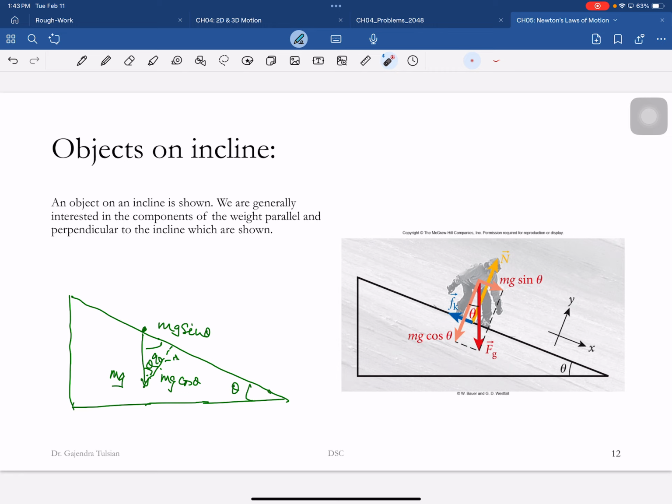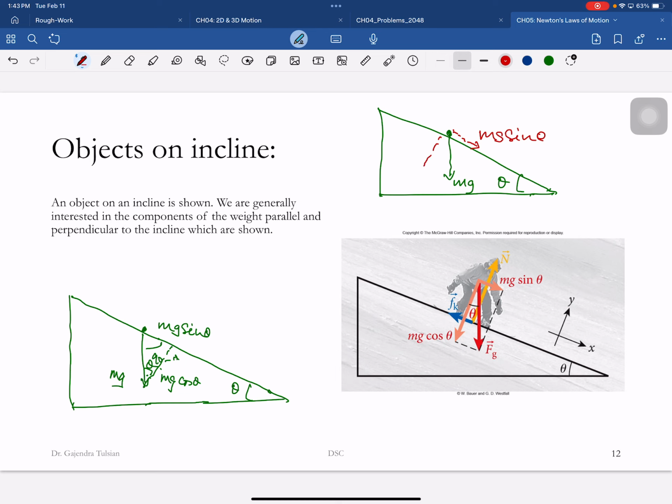Okay. So again, now let me draw a clean diagram. So on an incline theta, there's the force mg, and what we want is this component, which is mg sine theta and mg cosine theta.